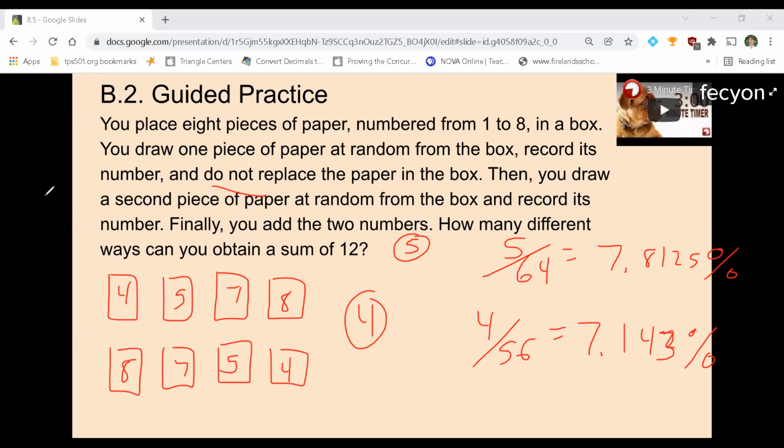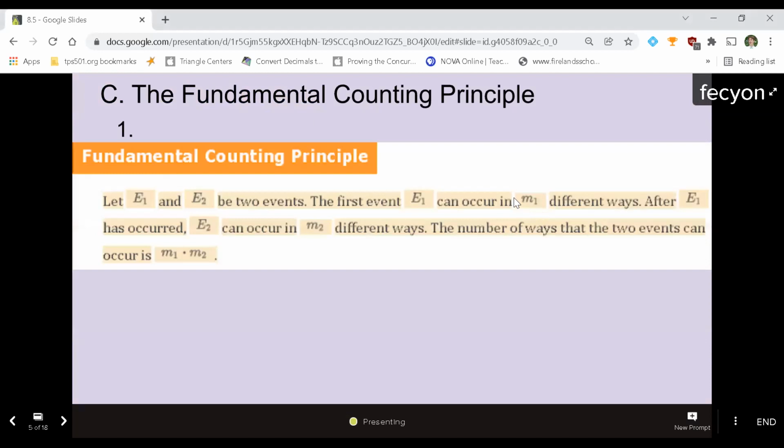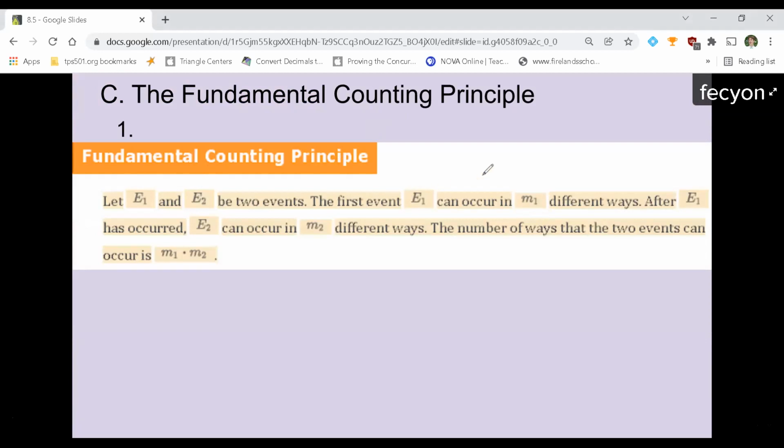Isn't that crazy? All right, well, we just did that math for finding the total number of different combinations, which is the fundamental counting principle. If you have 2 events, and the first event can occur in m different ways, and the second event can occur in some other number of different ways, then the number of ways that the 2 events can occur is the first total possibilities times the second number of possibilities.